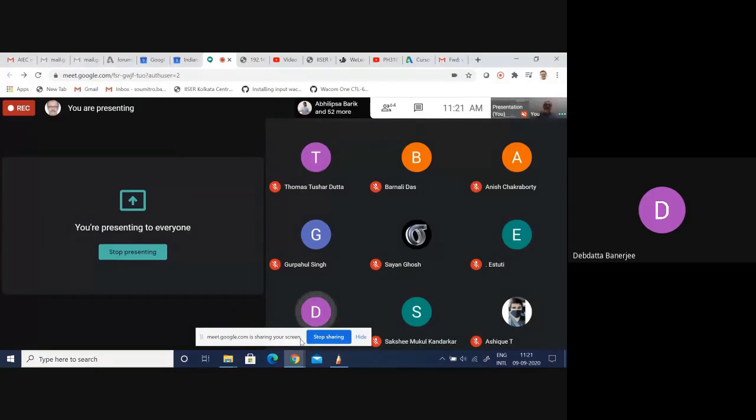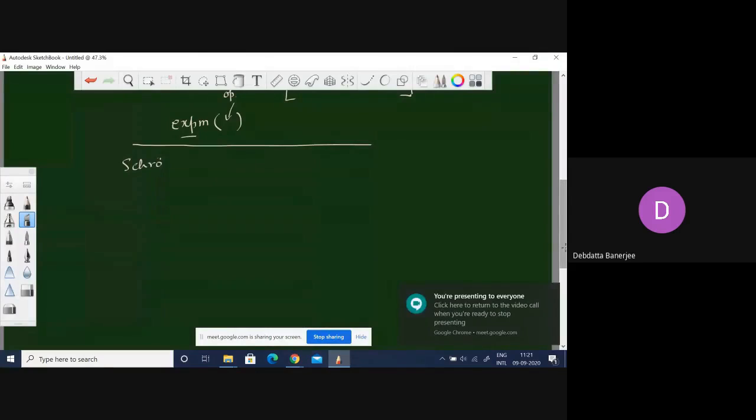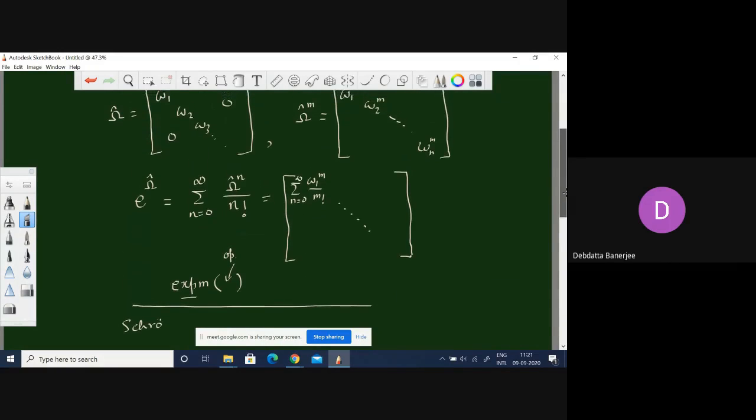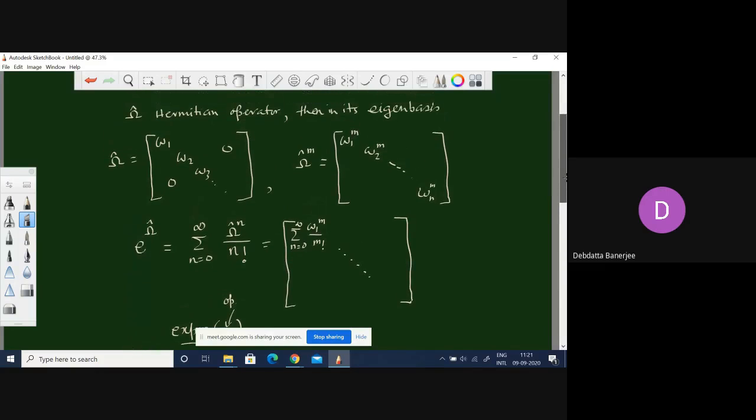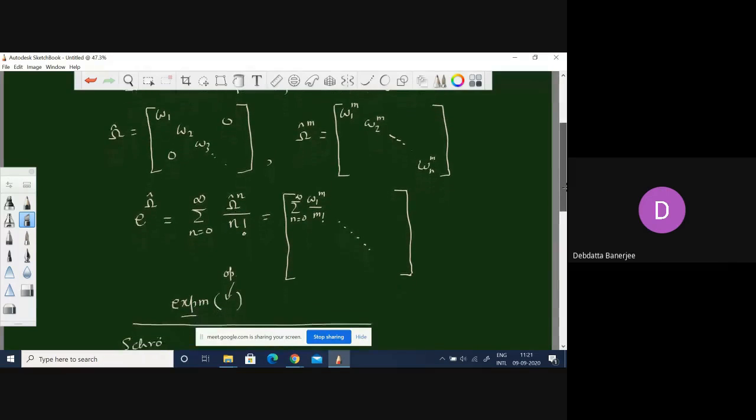Sir, in the previous expression, in e to the power operator 1, in the matrix, it will be m factorial or n factorial? Just a minute. Let me go up there. Yes. Where? So this one, last step. Sir, in the matrix, last matrix.